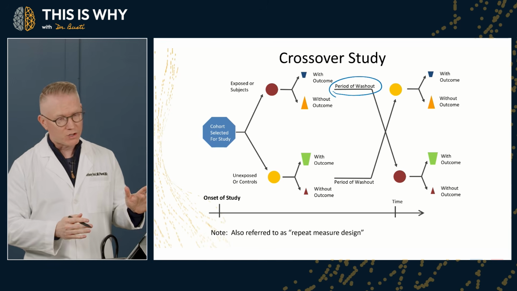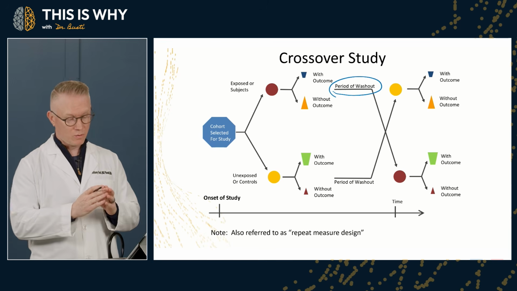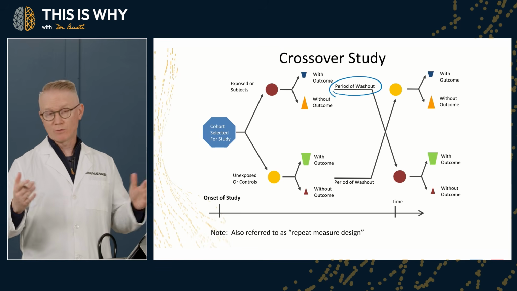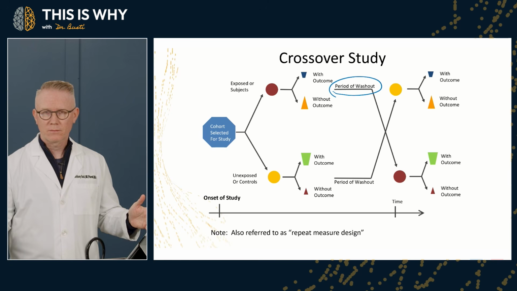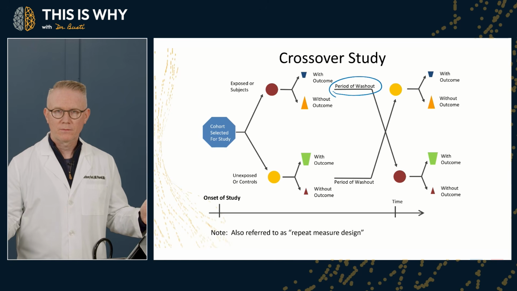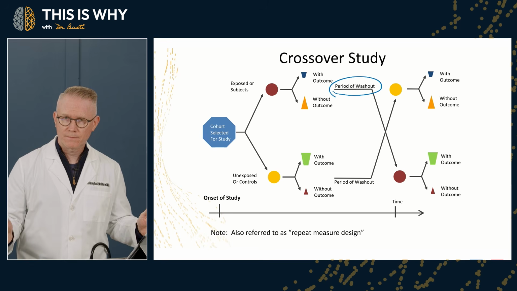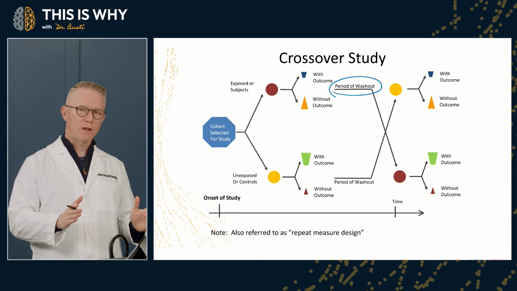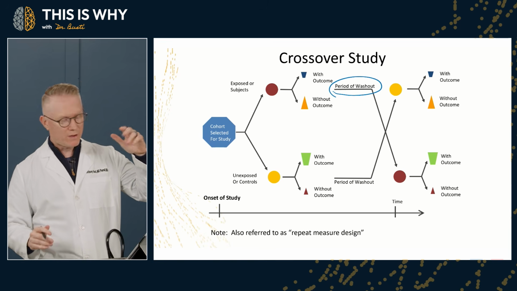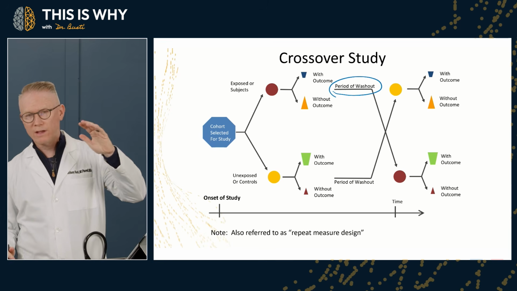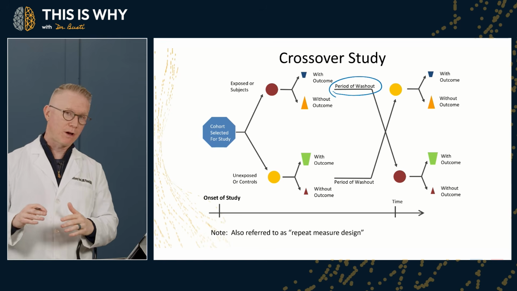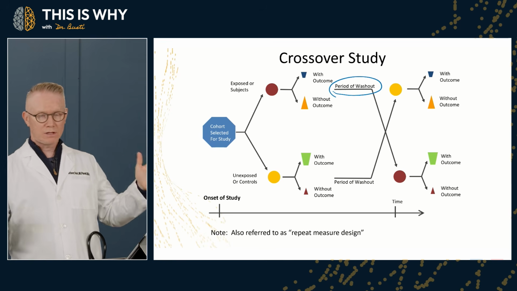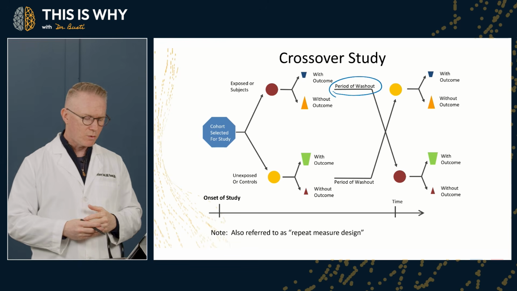Now, depending on the intervention, it could be that what matters is the half-life or the expected effect of that intervention. Some drugs have half-lives of weeks, sometimes years. Some drugs have half-lives of seconds. So your washout period is influenced by that intervention, because what you don't want is the intervention group still having the effects cross over to the placebo group or arm where you do nothing, but they're still under the influence of the drug, which then causes a bias of your results.